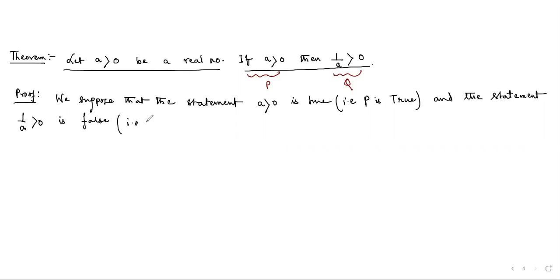That is, not Q is true. Okay. Therefore, if 1 by A greater than 0 is false, then 1 by A must be less than or equal to 0.